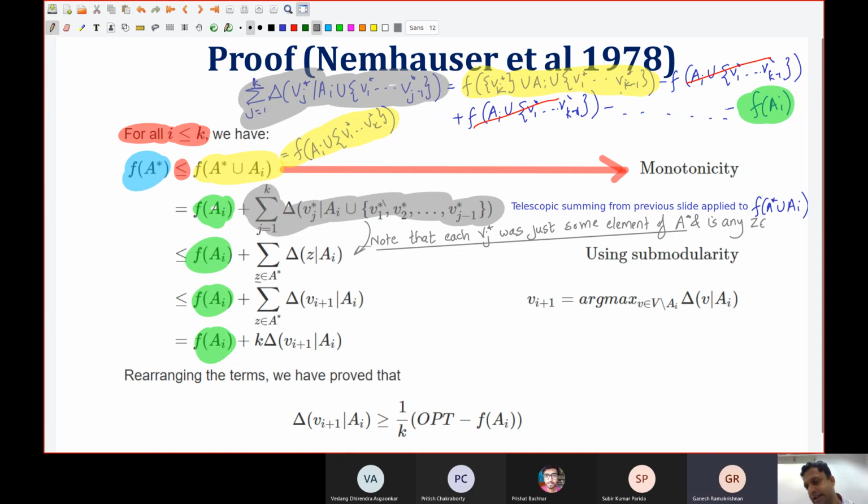It's just any z in A star. Why should I give it a particular name v_j, or why should I persist with the name? I give it a name for telescopic summing, but other than that, v_j star is just some z. So that's what we have done here. In the expression below, we just call it z in A star.